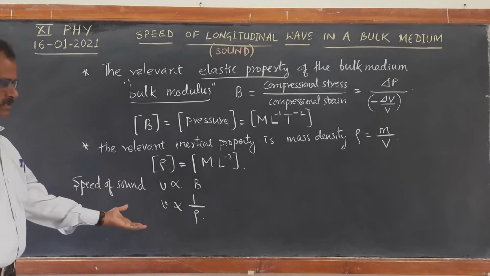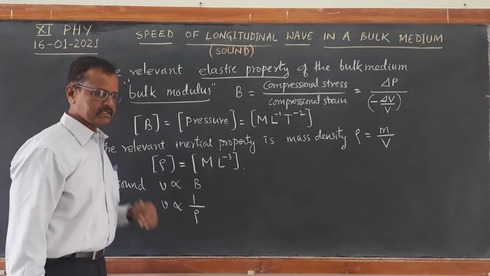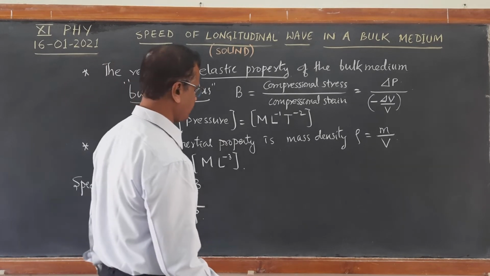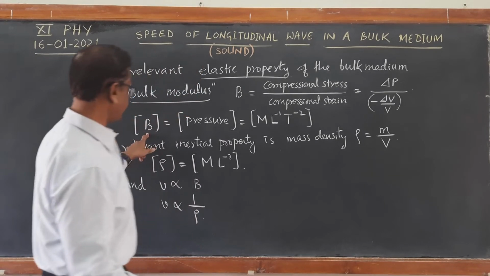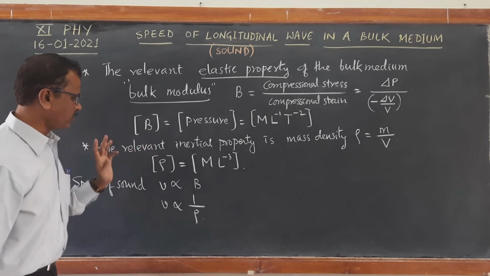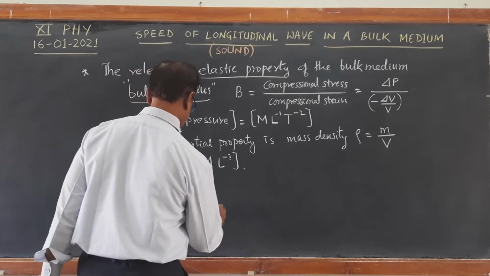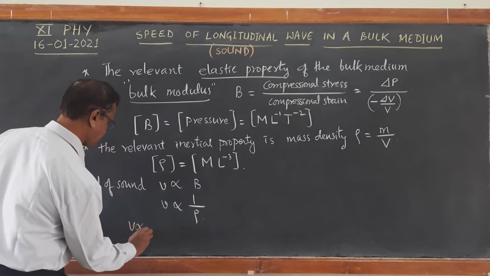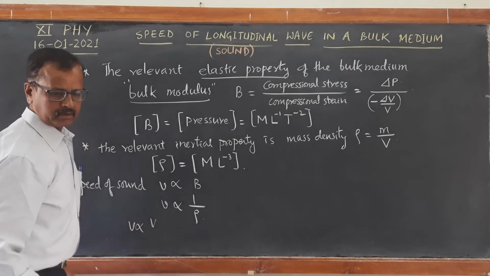These are the two factors, elastic property and inertial property. So if you carry out dimensional analysis, let me take the ratio of B by rho. So we can say that V is directly proportional to B by rho.